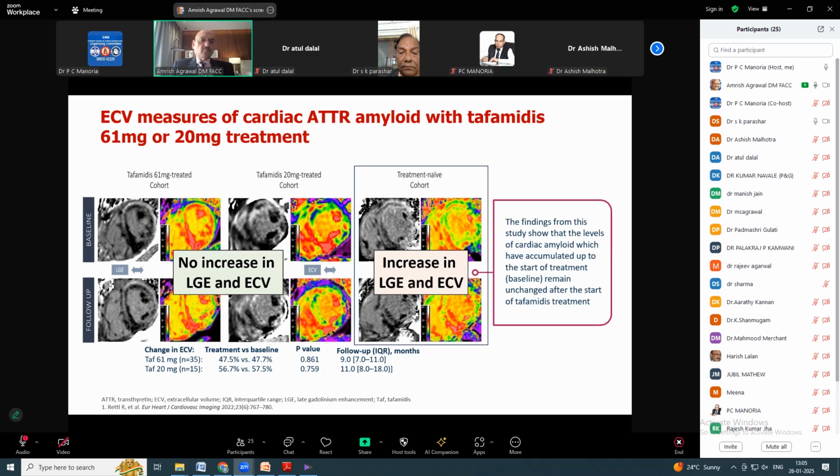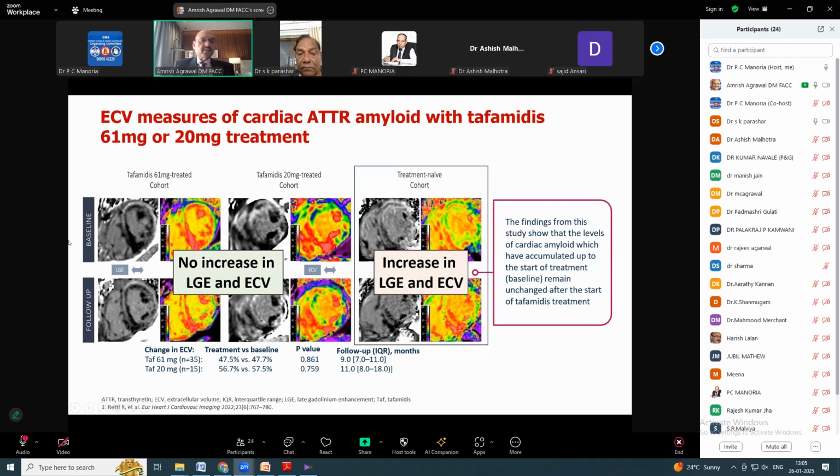However, if you give the patient tafamidis, you can find there is stabilization. There is no increase in the late gadolinium enhancement and extracellular volume, indicating that the process is arrested. And obviously, when the process is arrested, the body is going to clear the fibrils naturally.